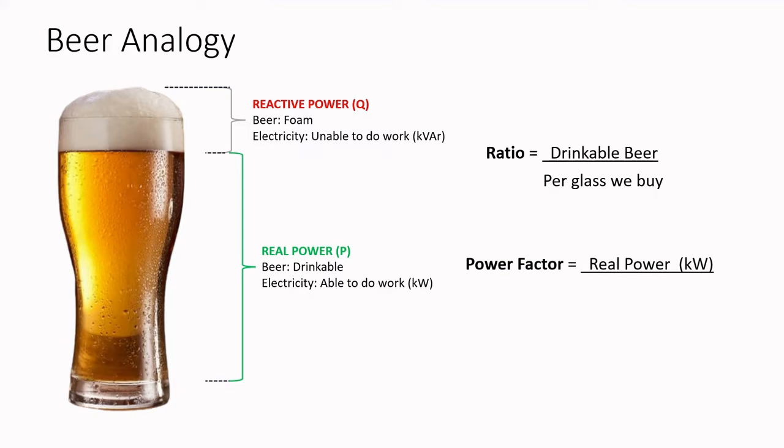Power factor is therefore the ratio of useful or real power in kilowatts divided by the apparent power, which is what we're charging for in kVA. So it's telling us how much value for money we're getting for the power we generate for the solar PV power plant.